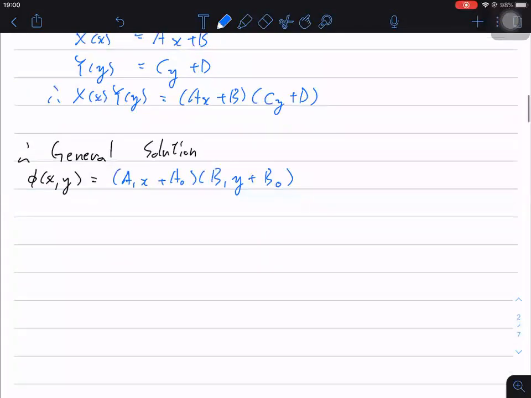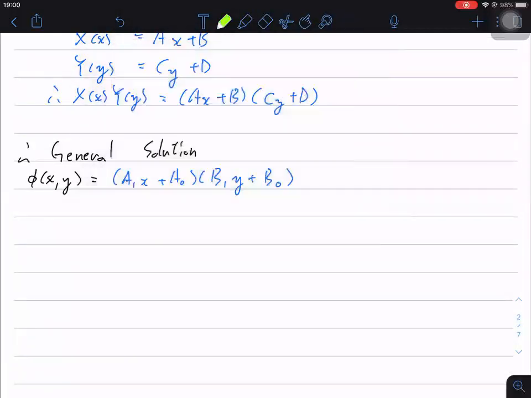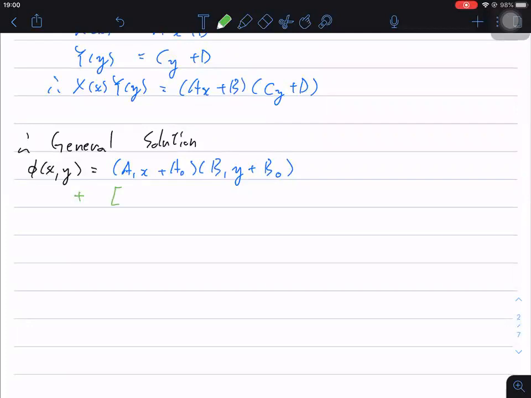So that's the first case. That's actually the third case. Okay, and for the first case, we have sine and cosine of x. So let me write this down. Sine and cosine of x, and for y is the exponential function.